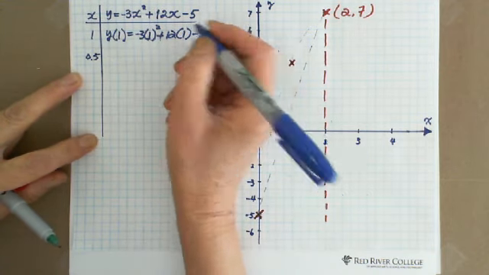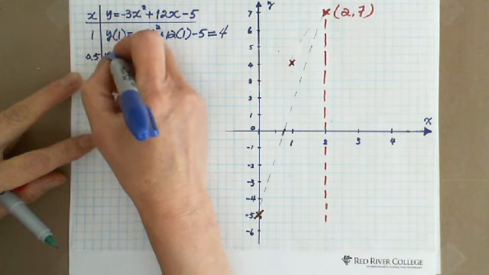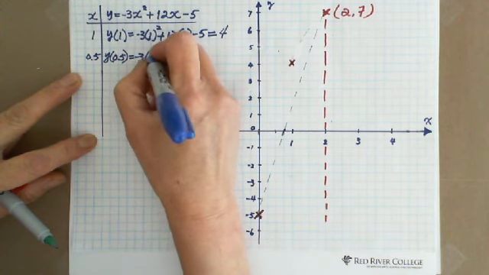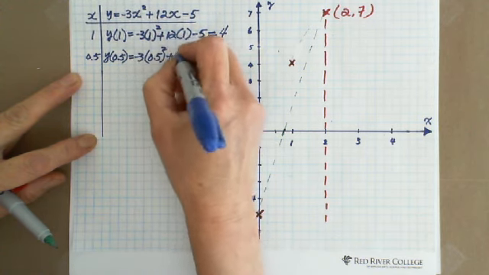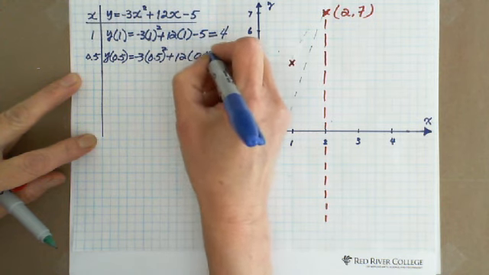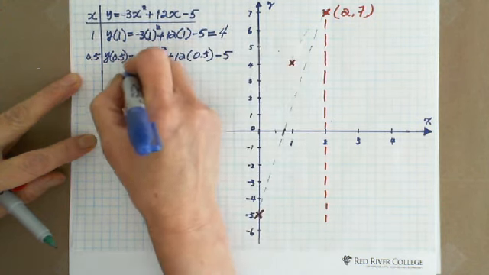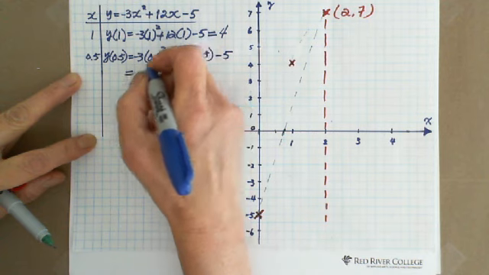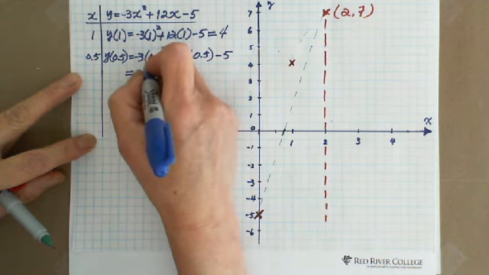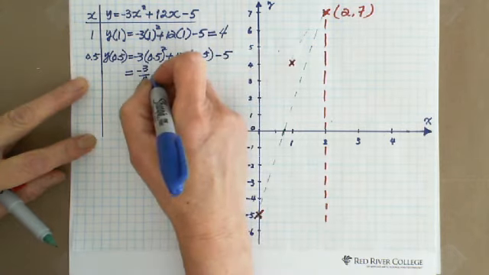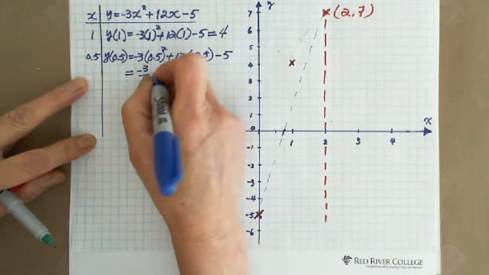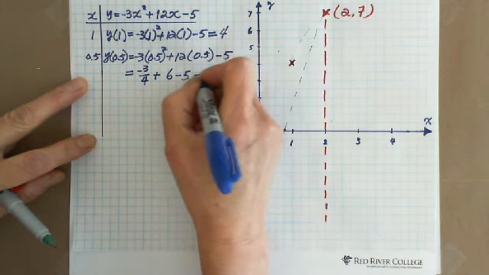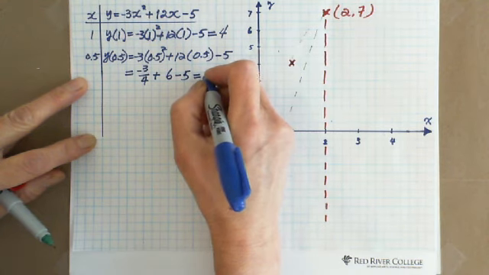So for y when x equals 0.5, we write y equals -3 times 0.5 squared plus 12 times 0.5 minus 5. This will give us the value, because 0.5 squared equals 0.25, which is a quarter. So this gives us -3/4, and this is minus 5. This is plus 12 times 0.5, which is 6, minus 5. And this one gives us 0.25.